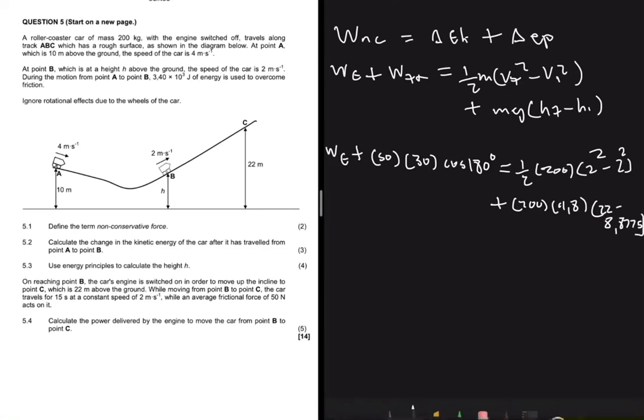So now let me put these numbers in the calculator. We have 50 multiplied by 30 and then multiplied by -1. This is just going to give us minus 1,500 equals, and then now I do the right hand side.